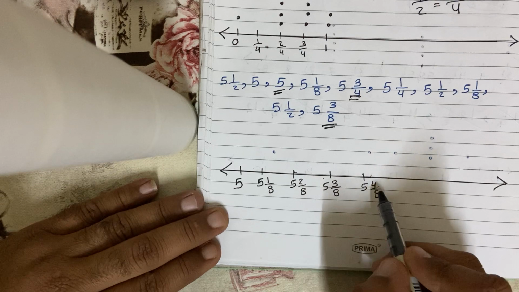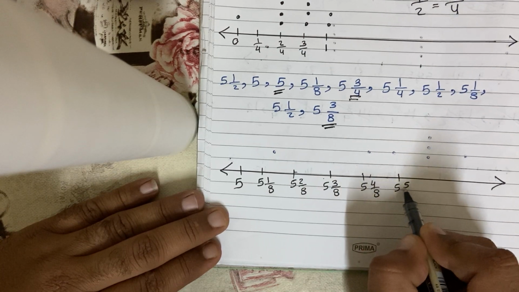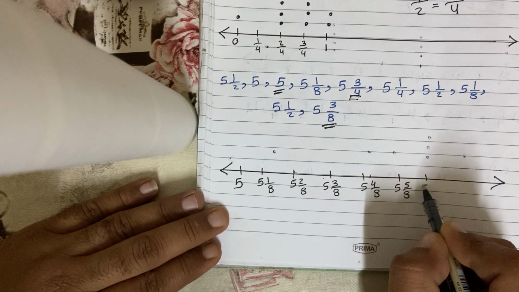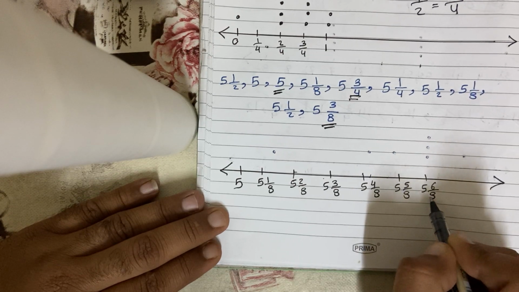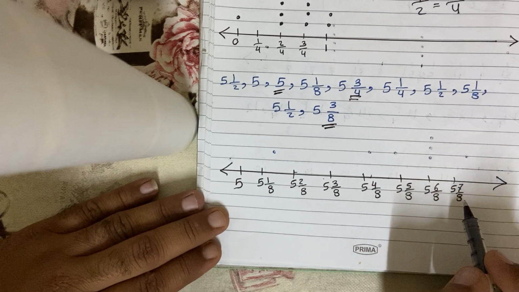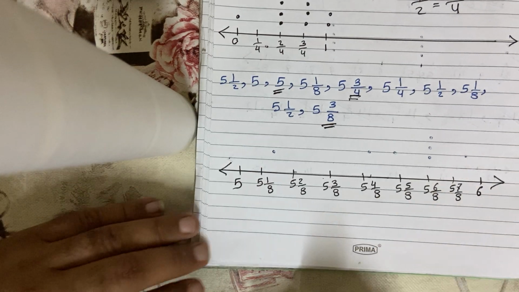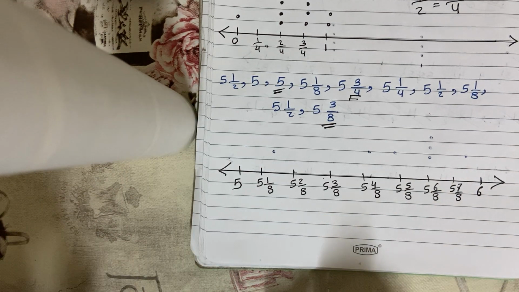Don't forget, because 4 over 8 is like half. 5 and 5 over 8, 5 and 6 over 8, 5 and 7 over 8, 5 and 8 over 8 means 6.